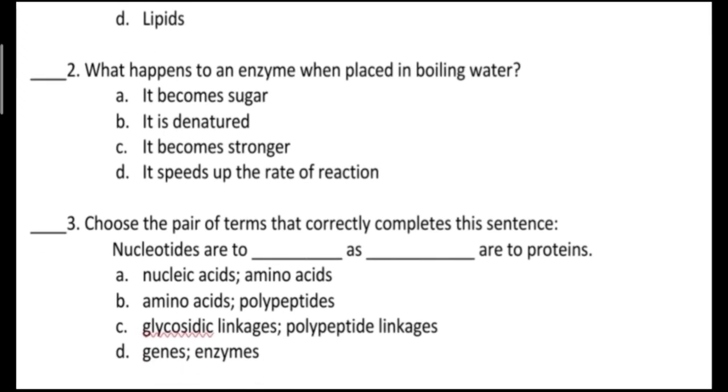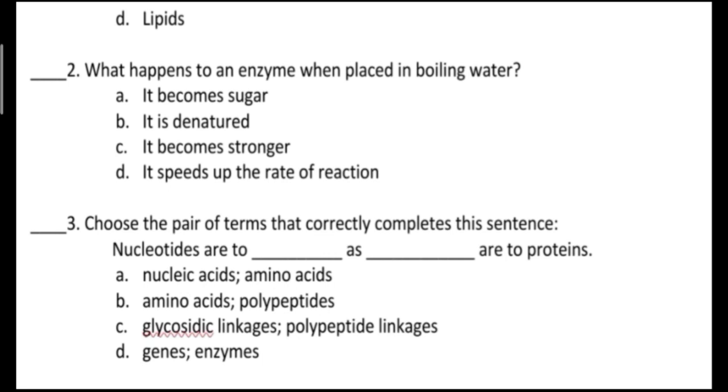Next, number two, we have what happens to an enzyme when placed in boiling water. It becomes sugar, it is denatured, it becomes stronger, or speeds up the rate of reaction. There are two factors that affect enzymes.